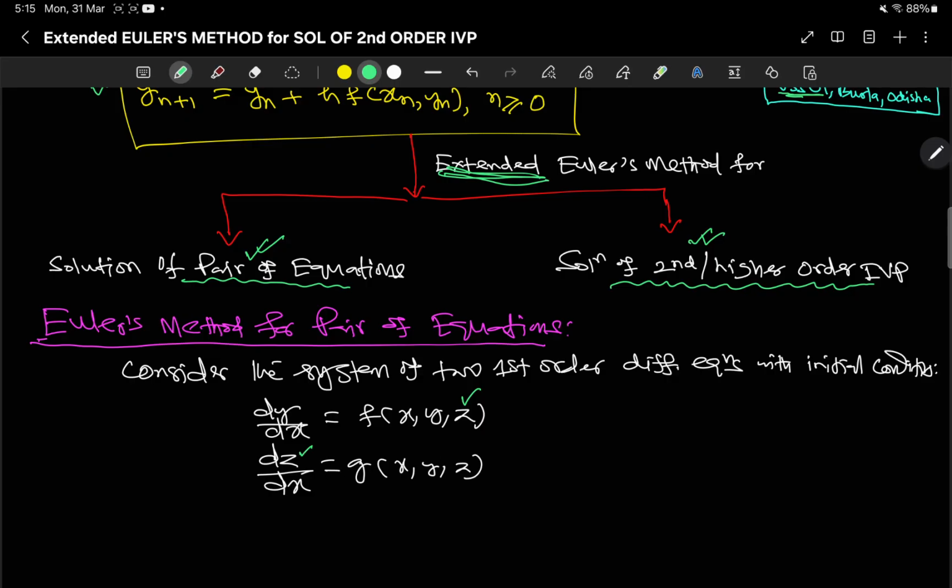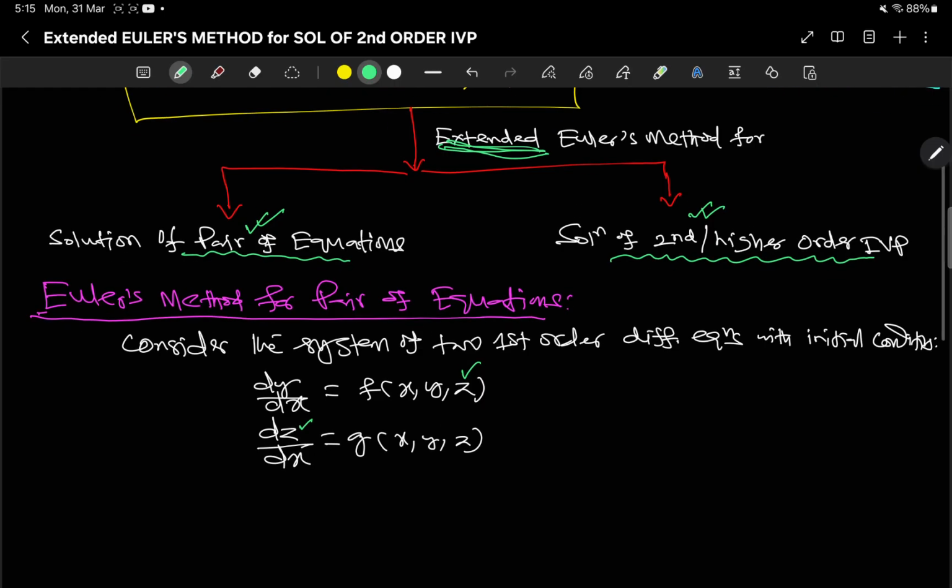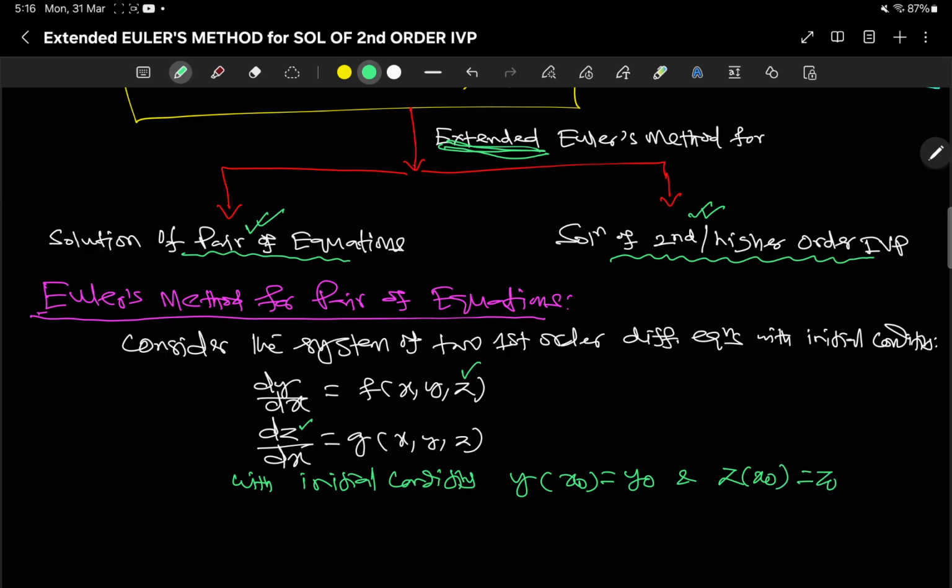So with the initial conditions y(x0) equal to y0 and z(x0) equal to z0, we need to solve it.